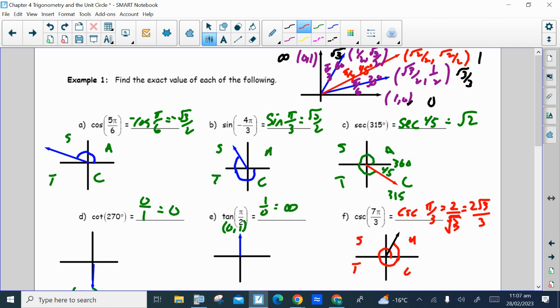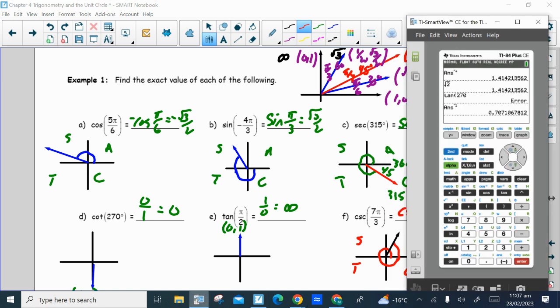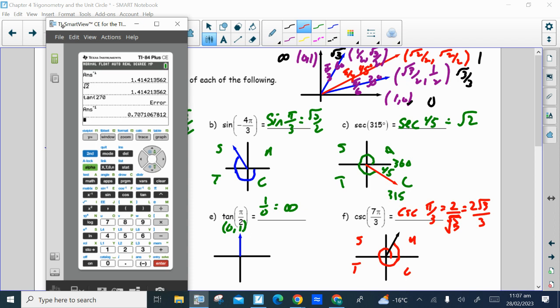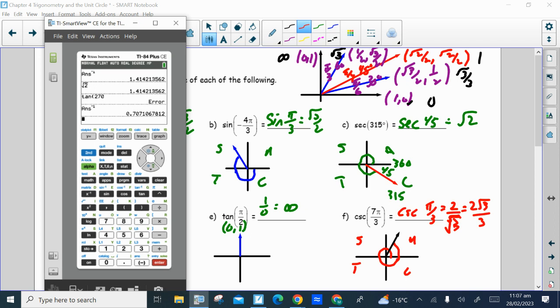So, to check that, we don't have a cosecant button on our calculator, so we have to use the reciprocal, which is the sine of 7 pi on 3, which is that decimal, and, oh, I got to change to radians.